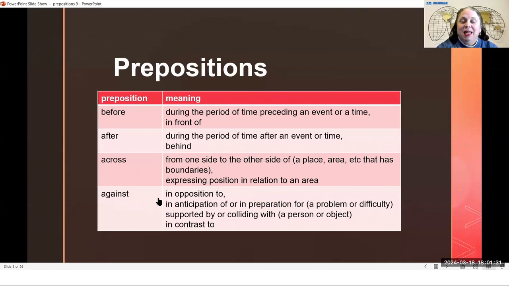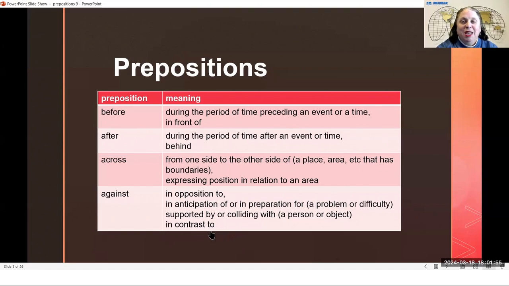Against can mean in opposition to. It can mean in anticipation of, or in preparation for a problem or a difficulty. It can mean supported by or colliding with a person or an object. Or against can mean in contrast to.